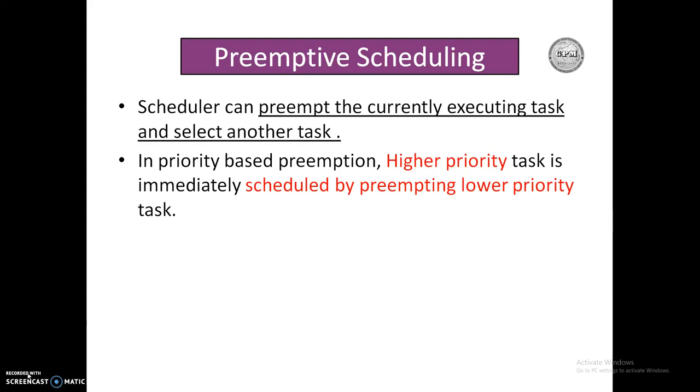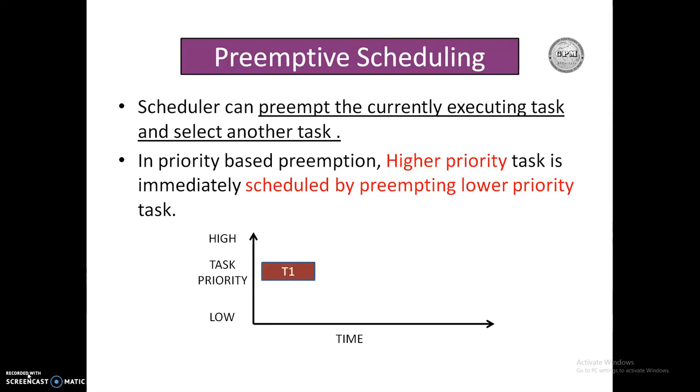Let's understand this using this animation. On the x-axis there is time duration, on the y-axis task priority. Let's consider task 1 having some priority level. Task 2 has lower priority than task 1.